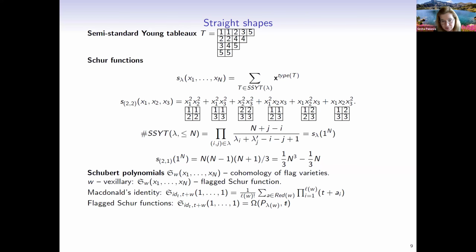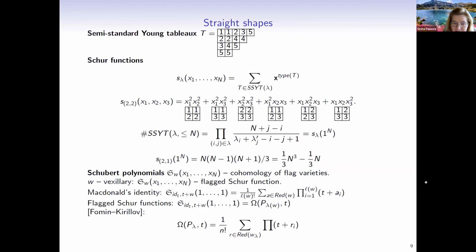I don't want to go into all these details and define all these notions, but the point is that by putting these two identities together, you already get for free, in some sense, that the order polynomial of a straight shape, so plane partitions, has positive coefficients.